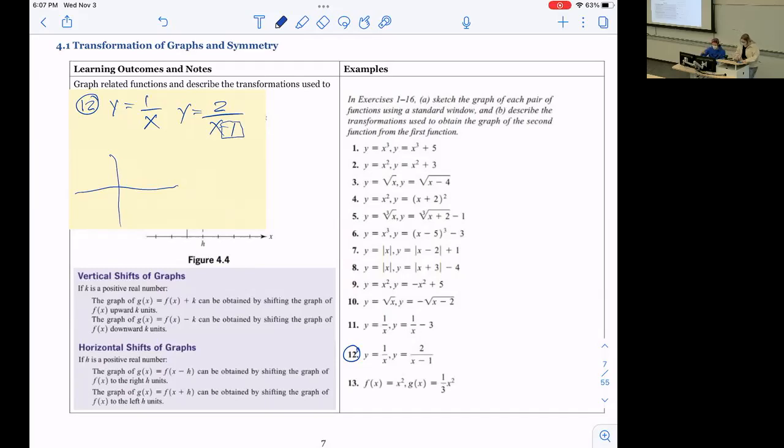Okay. So we're going to have, this is y equals 1 over x.